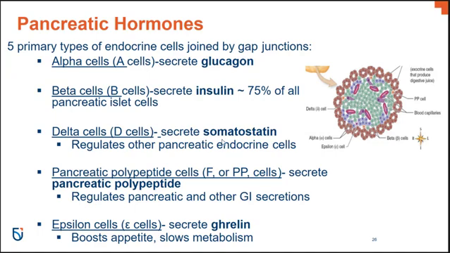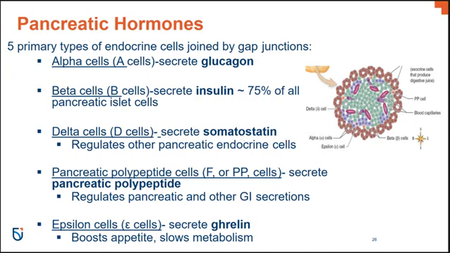The delta cells produce and secrete somatostatin, whose primary role is to regulate other pancreatic endocrine cells. Somatostatin also inhibits the secretion of growth hormone, glucagon, insulin, and pancreatic polypeptide, which we will discuss next.